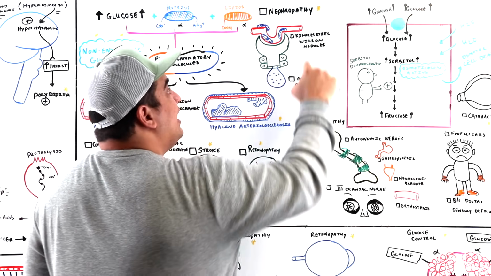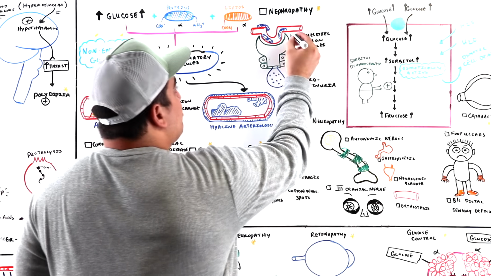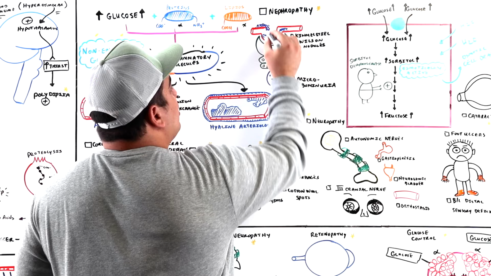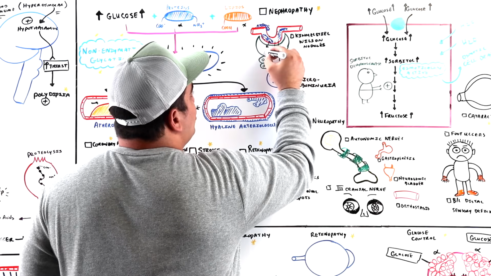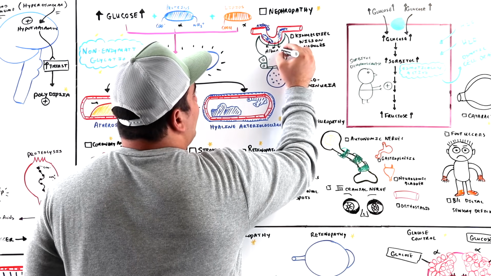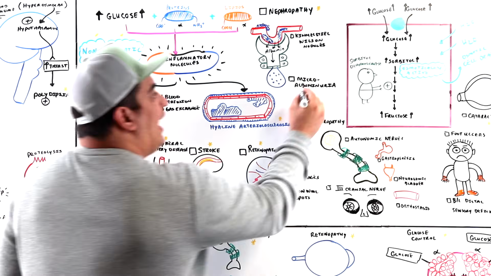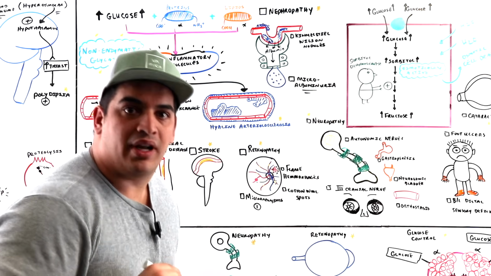Now, the next thing that you want to know is that this hyaline arteriosclerosis, which is extremely important, can occur in the vessels of the glomeruli. And whenever these proteinaceous deposits occur within the glomeruli, it can damage the glomeruli and lead to increased filtration of proteins like albumin. And this albumin can enter into the urine. And we call this albumin that is in the urine microalbuminuria.